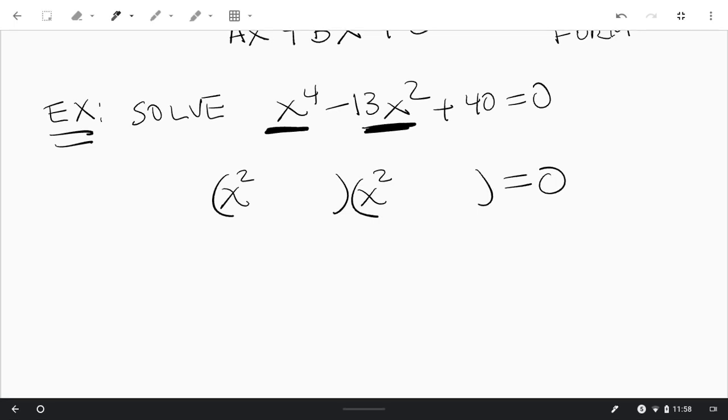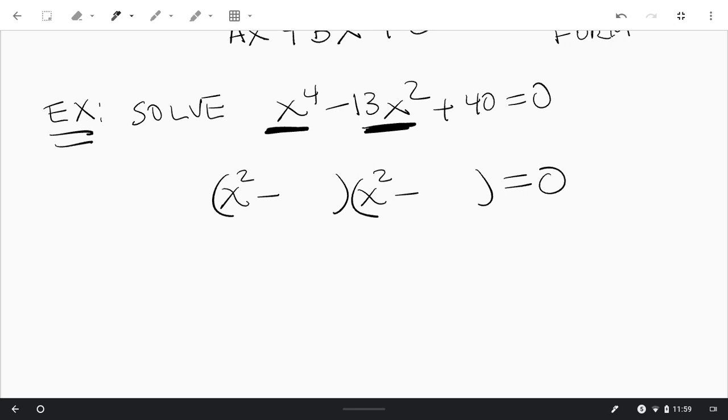Okay, and then everything is the same after this. So we want positive 40, so the signs will be the same. We also want negative 13, so the signs will both be negative.